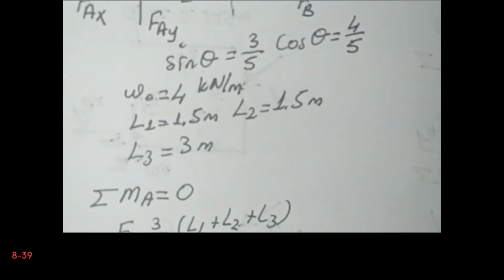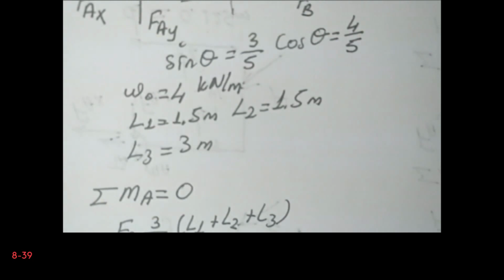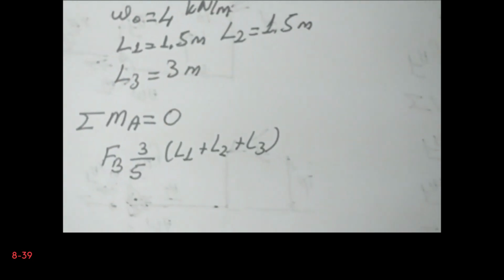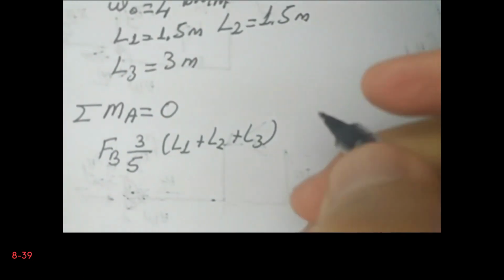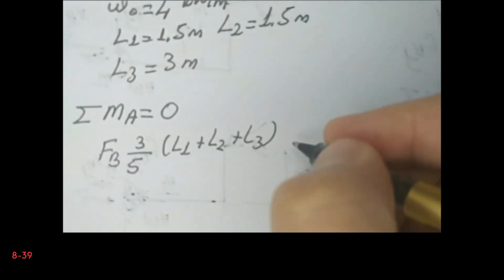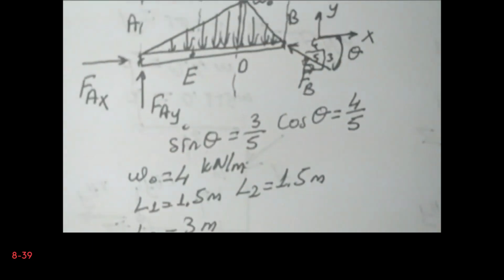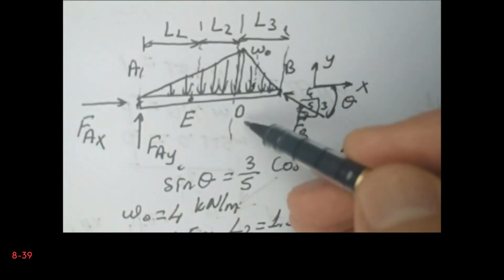Then we need to calculate the contribution of the distributed load. In fact, this distributed load has two parts. One we have here, or it is certainly, it just acts at the center because it is symmetric both hand side.